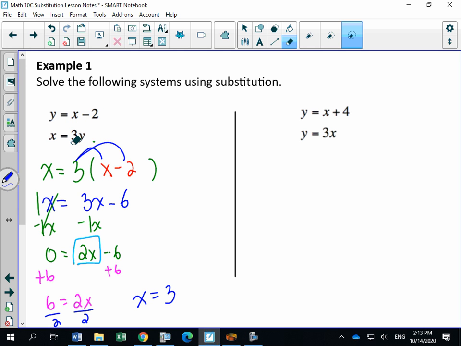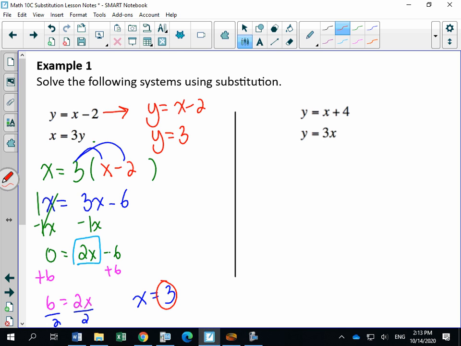However, system 1 is set up perfectly for me to plug it in, because system 1 is y is equal to x minus 2. I know that x is 3, so y is equal to 3 minus 2. Y is equal to 1, and my solution would be x is 3 and y is 1.